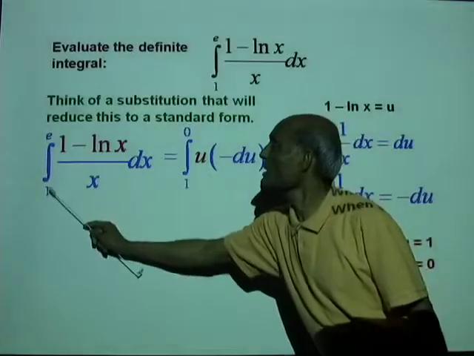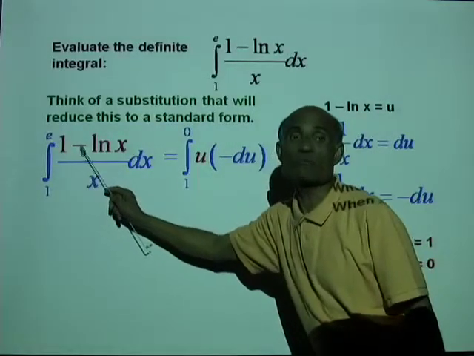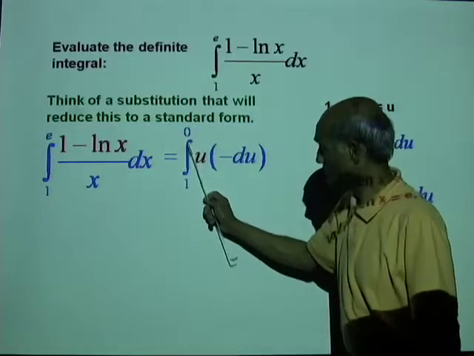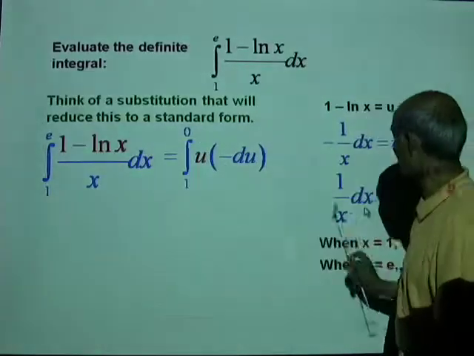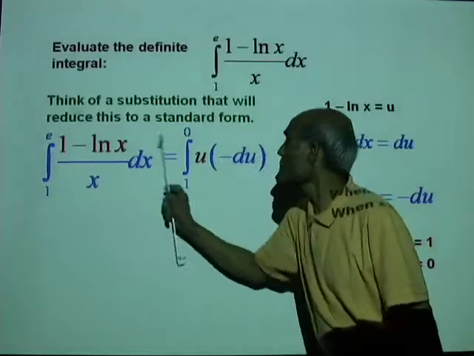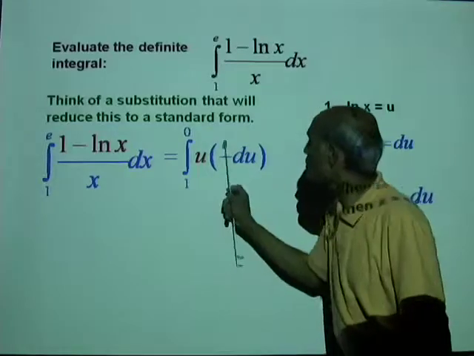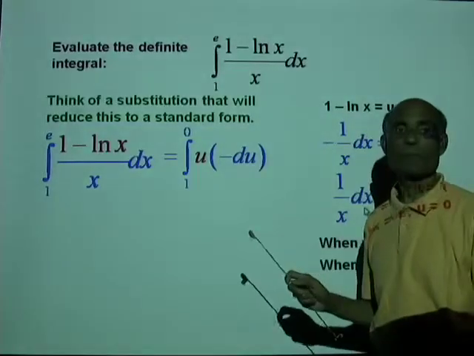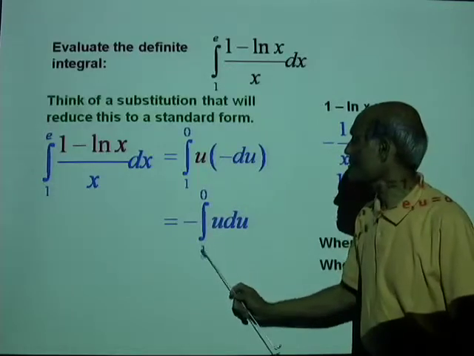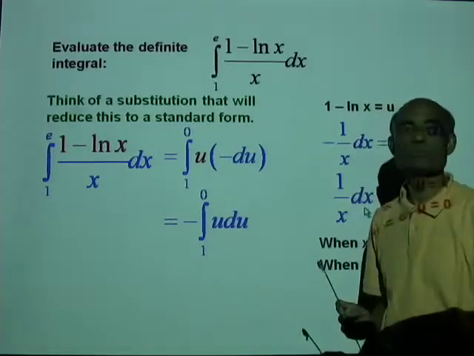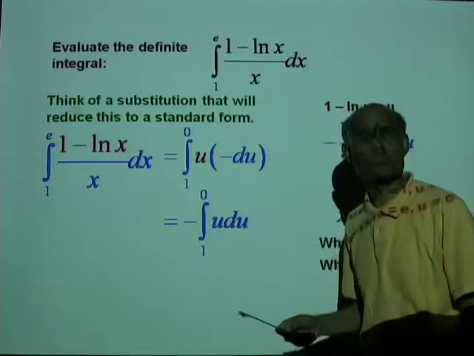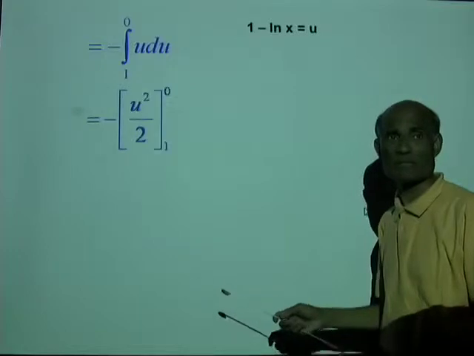So the integral from 1 to e of (1 minus ln x) over x dx now becomes the integral from 1 to 0, this is our u, and 1 over x dx is negative du. Take the negative sign outside, it is negative integral from 1 to 0 of u du, and the integral of u du is u squared over 2. Is that right? That's right.